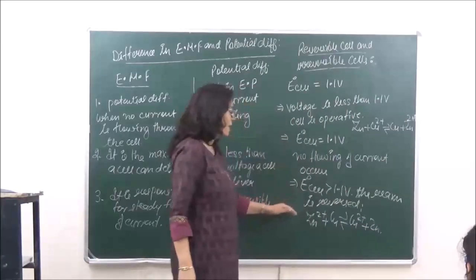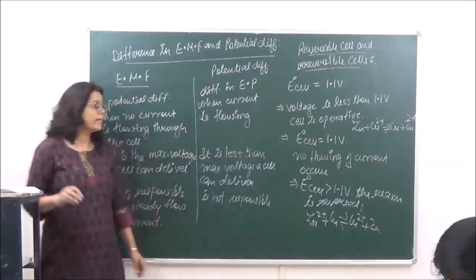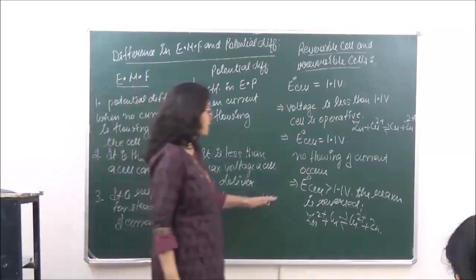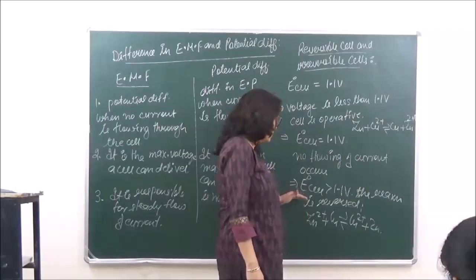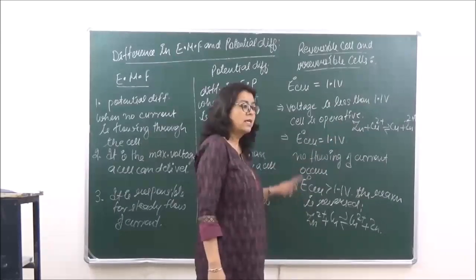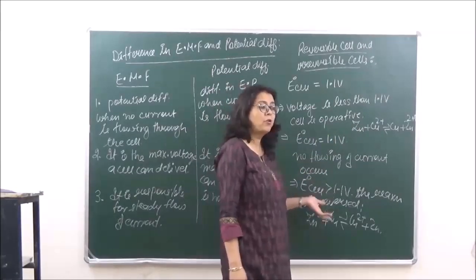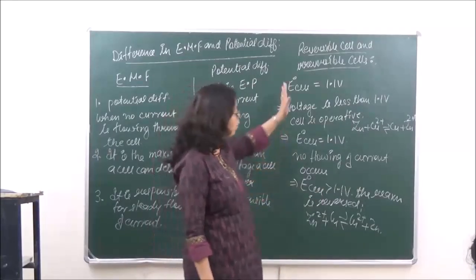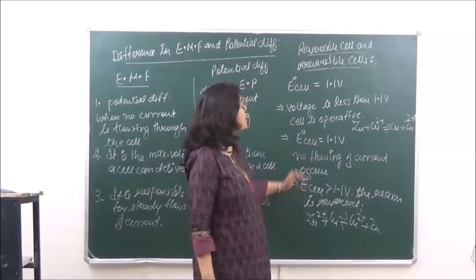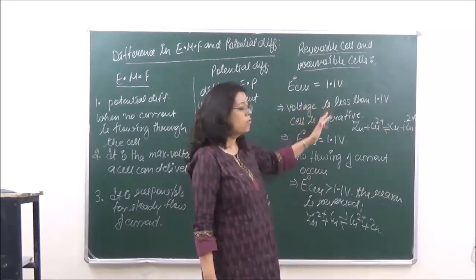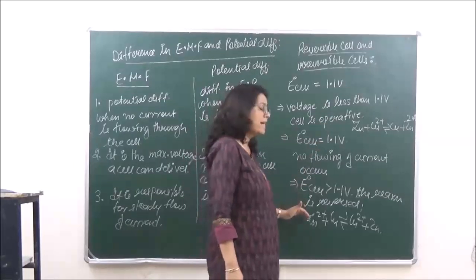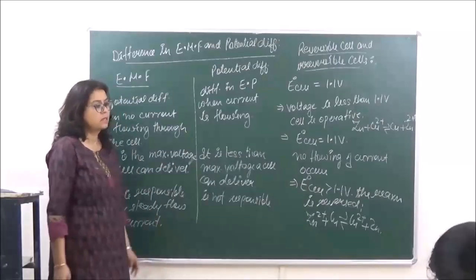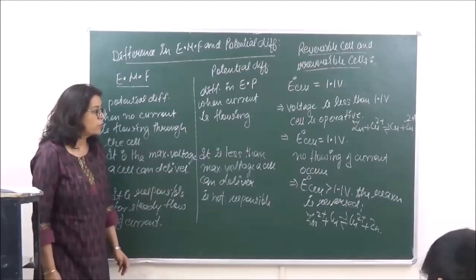Now the galvanic cell becomes equal to an electrolytic cell in the third case. Okay, so what is happening over here is that at a voltage greater than 1.1 volts, the reaction is being reversed. Now the current will flow from anode to cathode and the electrons will flow from cathode to anode, and the whole system is reversed. Such cells in which, by increasing the voltage more than normal, we can reverse the reaction, such cells are said to be reversible cells. Okay, in which the reaction is going to be reversed.